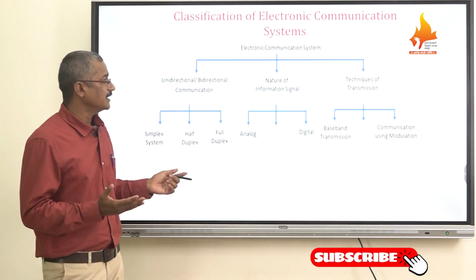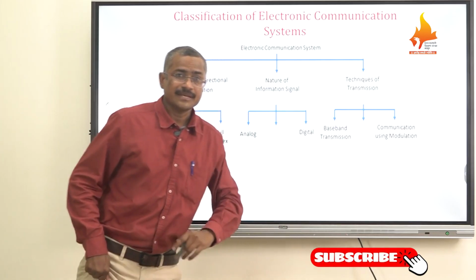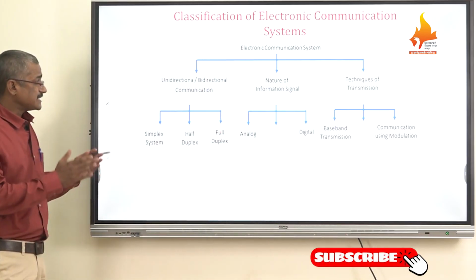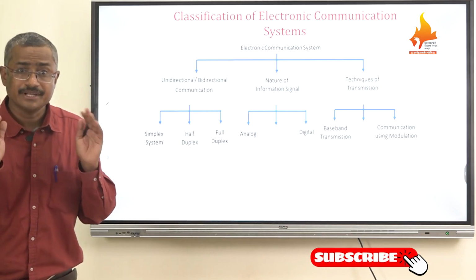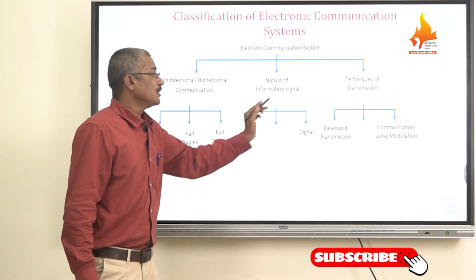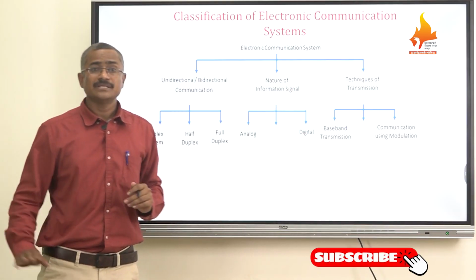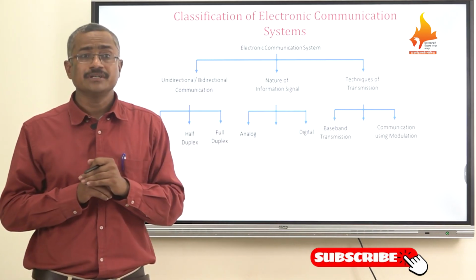These are nothing but communication systems based on the modulation scheme. Basically, the communication system is classified as unidirectional or bidirectional, whether the signal is digital or analog, or whether the technique used is baseband or some type of modulation.